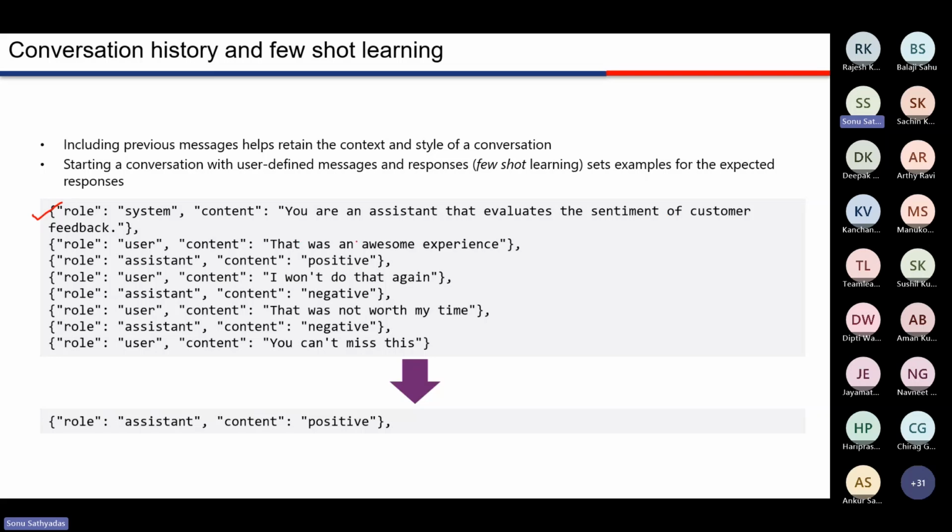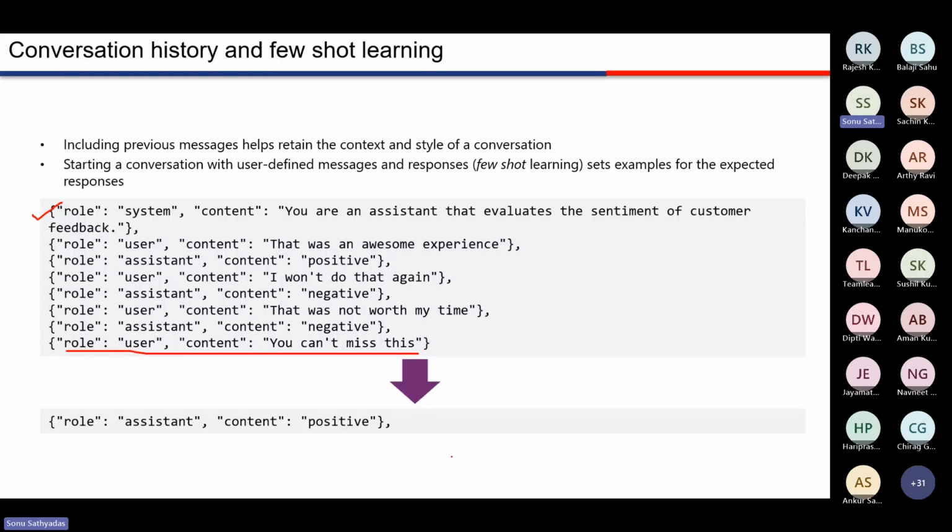We are telling the model to analyze the sentiment of the feedback given by the customer. If you simply give it something like, you can't miss this, or this is a bad thing, or this is not a good product, then the assistant may tell you, as per the review received, I feel this is negative feedback. This kind of descriptive answer it may give. But I don't need a descriptive answer. I just need a one word answer, positive or negative.